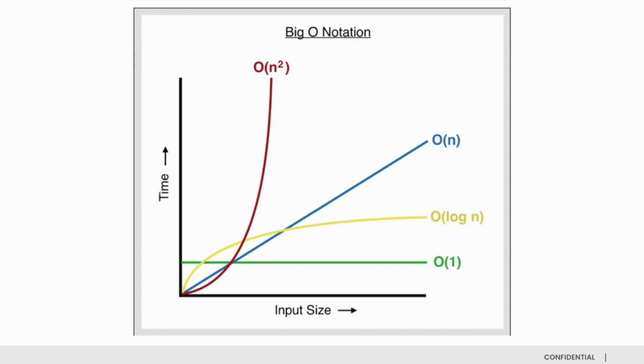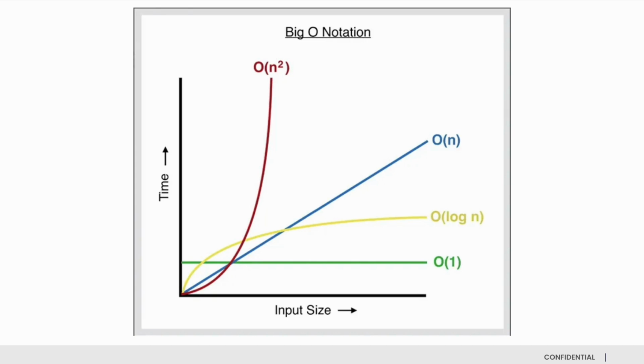So O of n, or linear time complexity, the blue line you see, that means that the time it takes to complete the algorithm will grow in direct proportion to the size of the input. For example, if we double the size of the array, we'll also double the time it takes to run. This time complexity will appear as a straight line on the graph, and you can see that with the blue line.